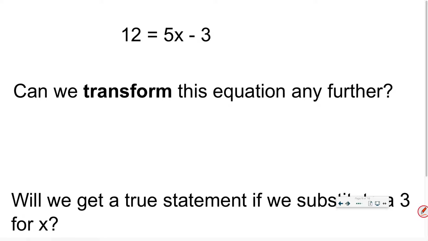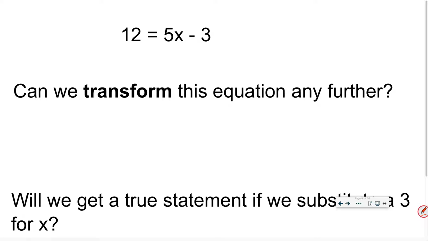So how do we do it? Get someone else. Shirley, what do you think? Variable. We want to isolate our variable. How can we do that? How can we isolate? What's happening to x?